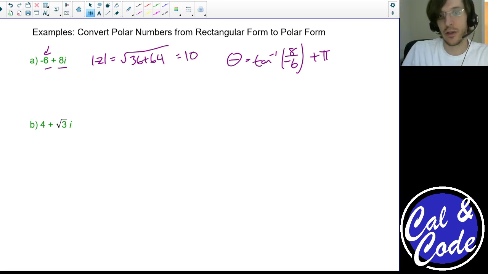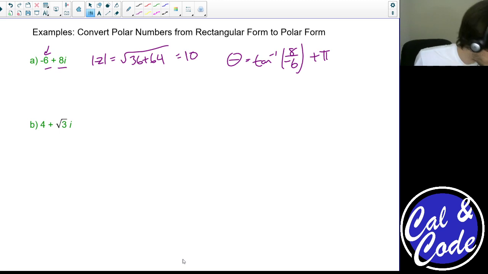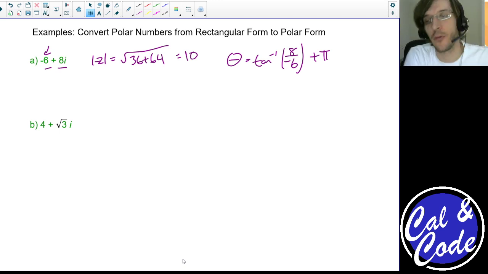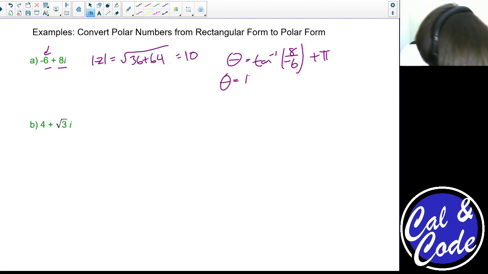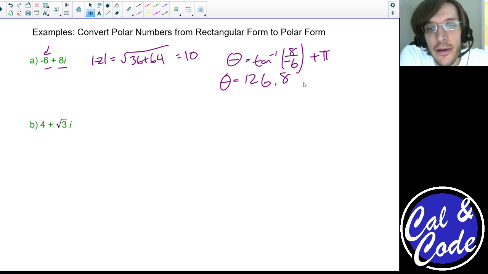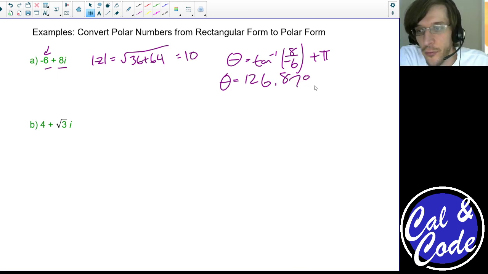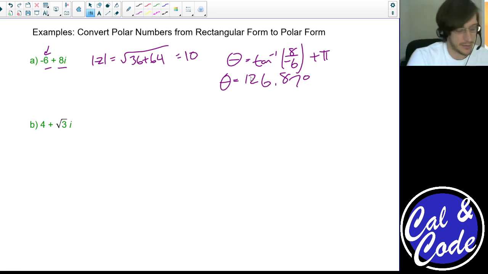I would prefer you to have your answer in radians, but I don't have the time to convert this without having to restart the video. So we've got theta is 126.87 degrees. I will also convert this into radians by multiplying by pi and dividing by 180.